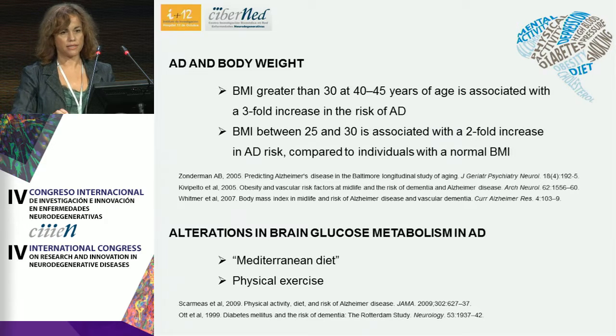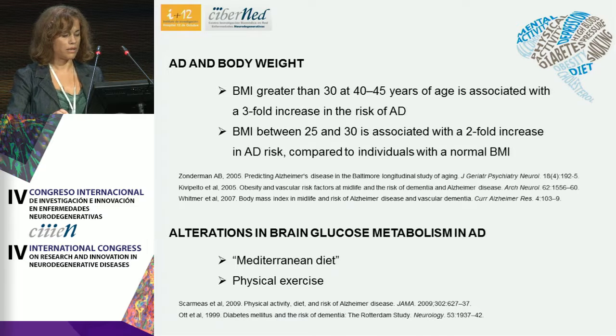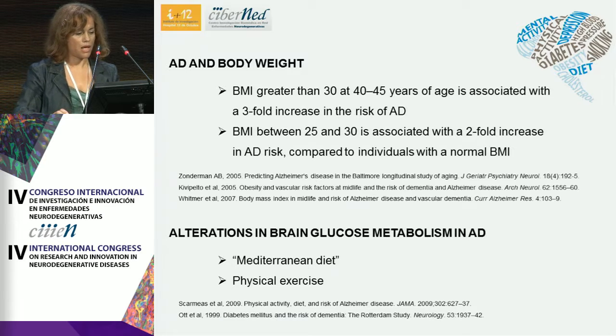Many of these findings are based on epidemiological data. Many studies have reported that an excess in body weight during middle age is linked to an increased risk for Alzheimer's disease.